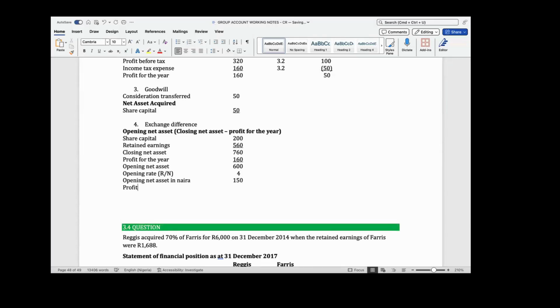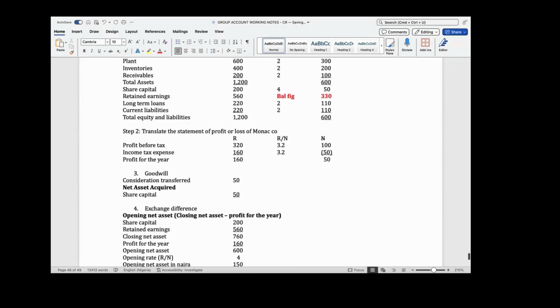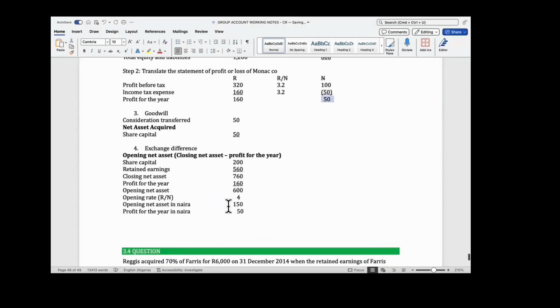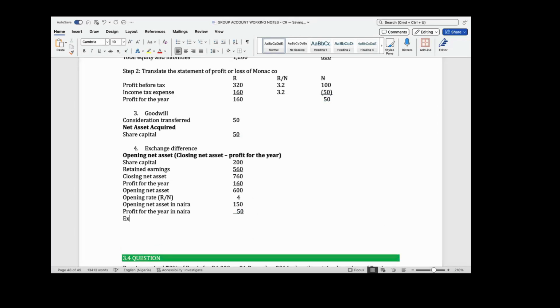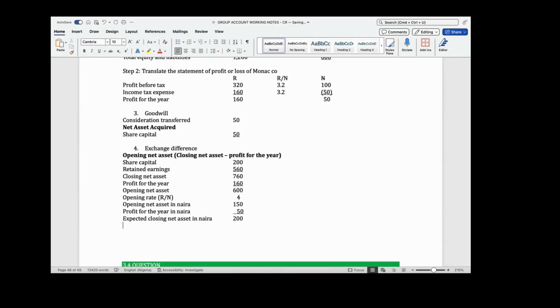If I add my profit for the year in naira, which is 50, I want to work back to closing. That means my expected closing net assets in naira should be 200. But it wasn't.